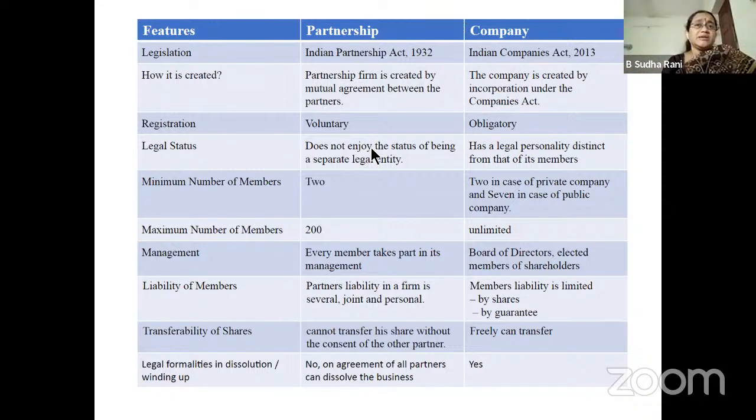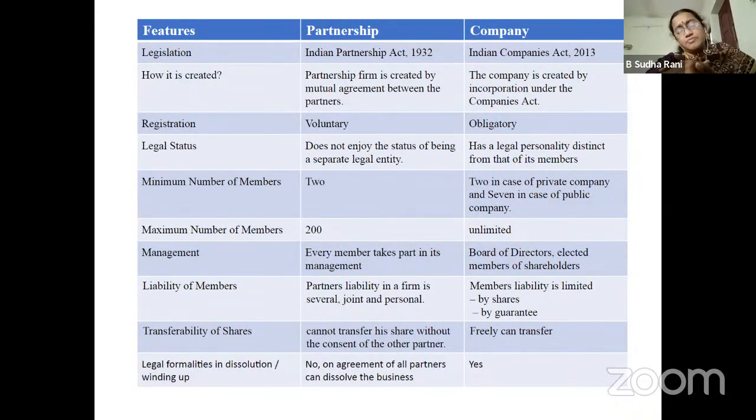Transferability of shares. The shares in a partnership cannot be transferred easily. Only with the consent of other partners can they transfer their shares to others. But in a public company, nothing like that. It is free. Anyone, any place, anytime can transfer. Legal formalities in dissolution.